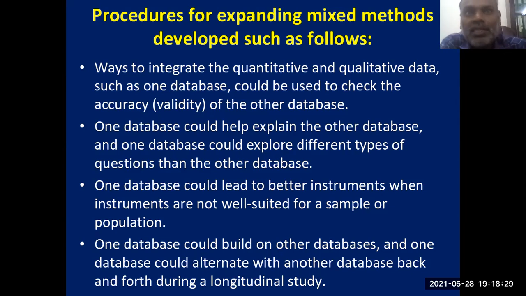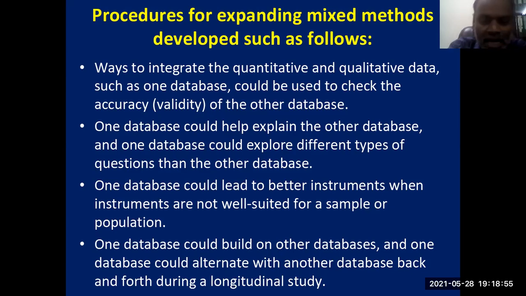In some cases, if you are studying a certain population, maybe a risk group, finding a risk group is not an easy task. In that kind of situation, we can employ a certain database or method that will be effective. Certain databases or methods are very effective for certain populations you are going to study. So one database could build another database.